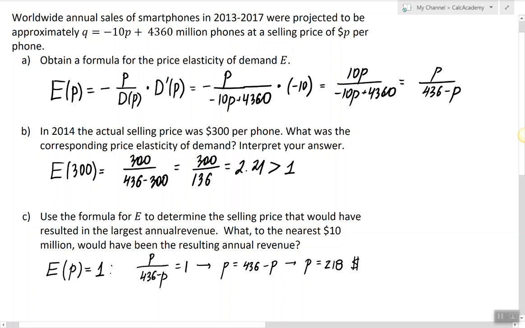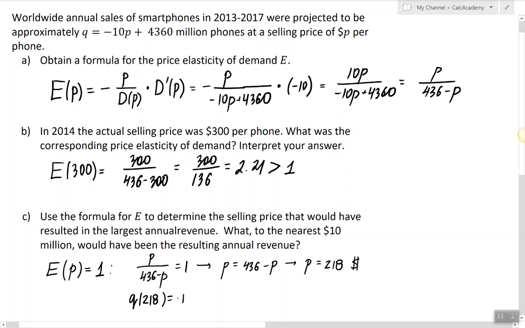So that means this is the price that we want to sell the product for to maximize the revenue. And to answer the question, what would be the resulting annual revenue, we would have to plug the price into the quantity function. So what is the quantity when the price is 218?